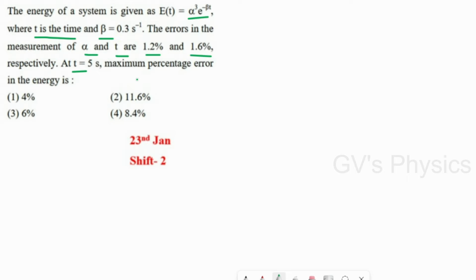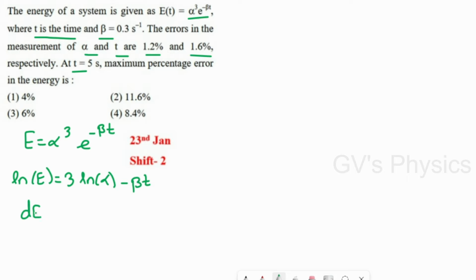To find the maximum error, first we have to expand the equation of energy. E is equal to alpha power 3 e power minus beta T. First we'll take ln on both sides. So ln E is equal to 3 into ln alpha minus beta T. Here we need maximum error, so we can differentiate.